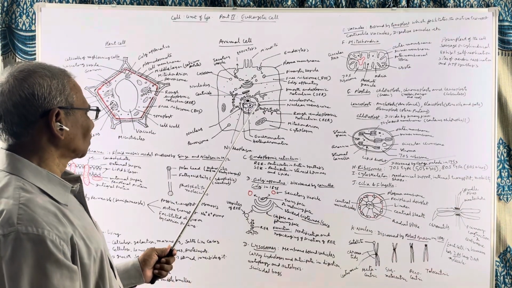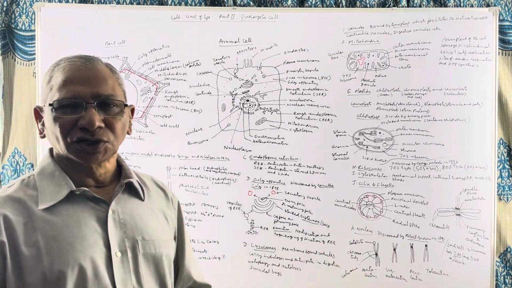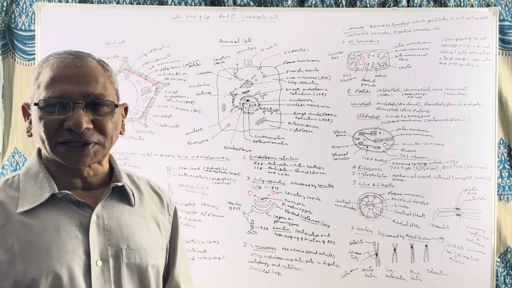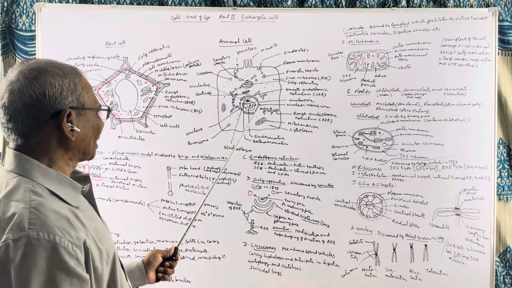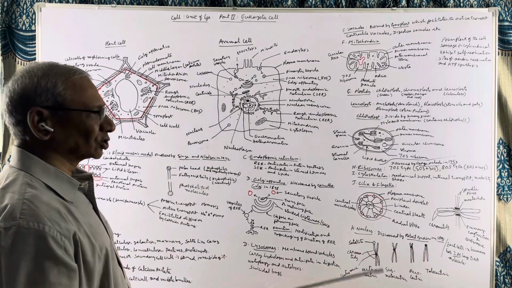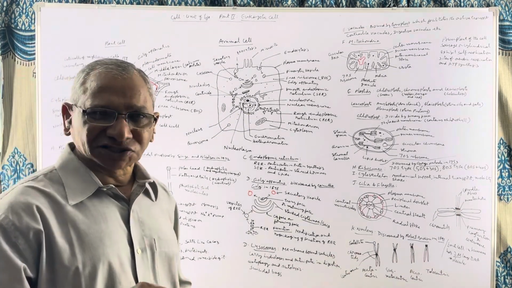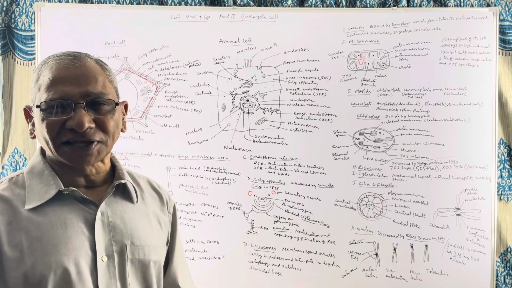Then, the chromatin occurs in 2 forms, euchromatin and heterochromatin. Heterochromatin appears dark in color. Heterochromatin means condensed chromatin. It is condensed and it is not active.